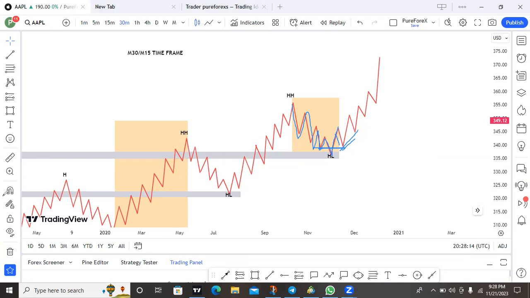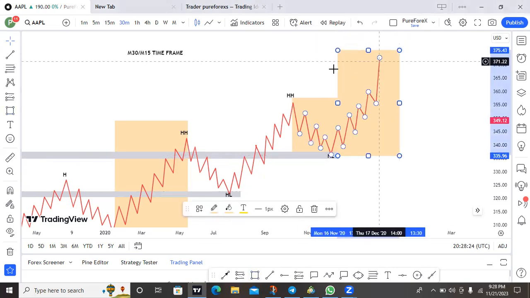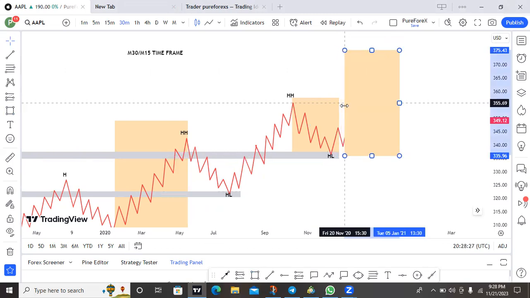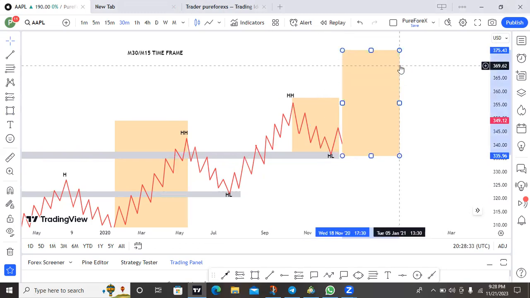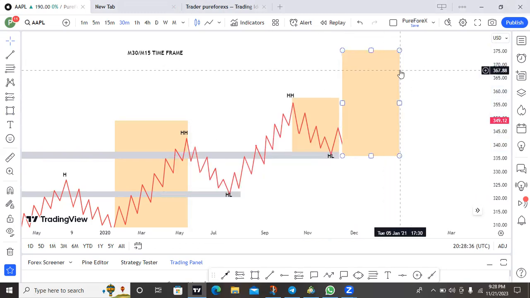This particular point becomes what? Uptrend, buying. Yes, where you buy. I'm trying to show you something.